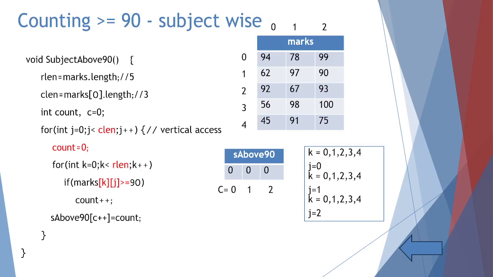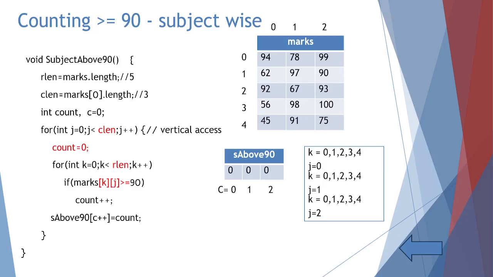Inner loop variable index followed by outer loop index. How is it working? Let's see. k j, k is working 5 times, 0 to 4. So 0, 0 means over here. Then 1, 0, that is this. 2, 0, 3, 0, 4, 0. Then j became 1.